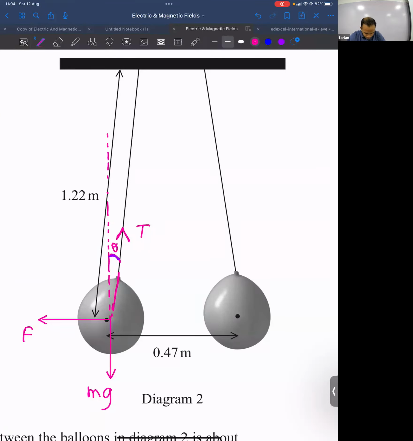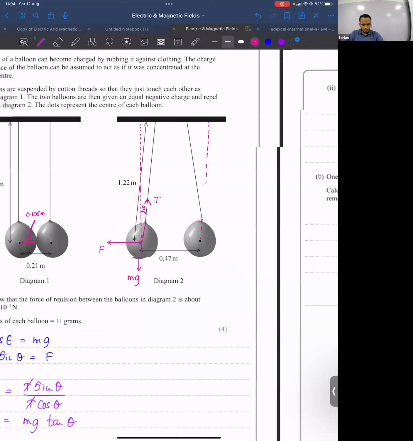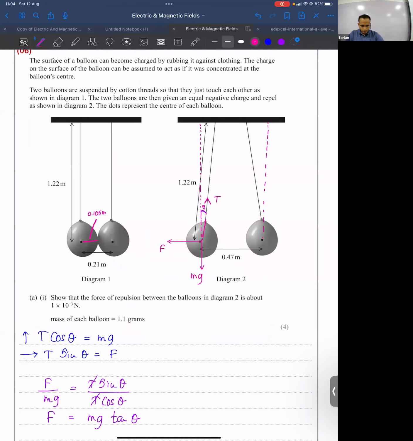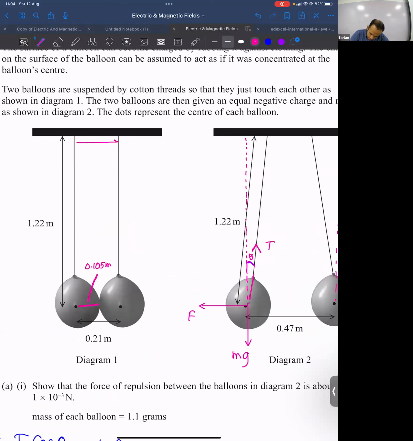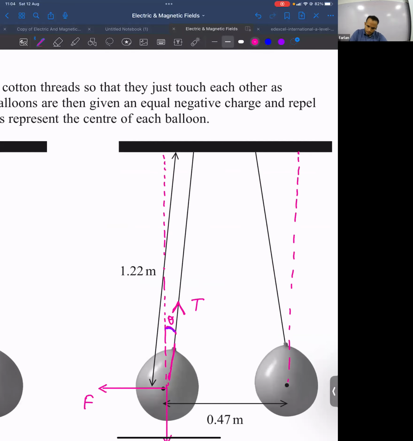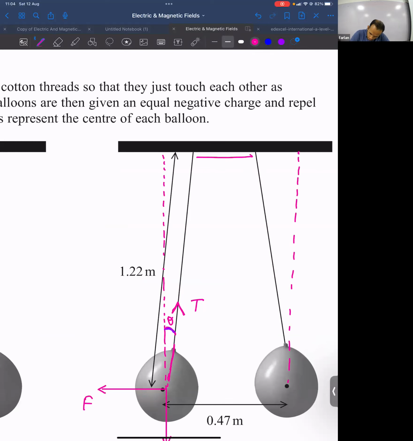I have drawn a vertical line through the center, and let me do the same thing here as well. Now we know that this distance is 0.21 meters, which means this distance is also 0.21 meters.